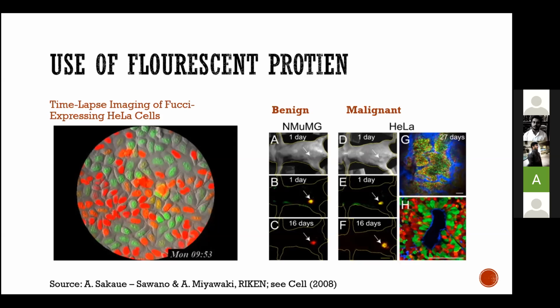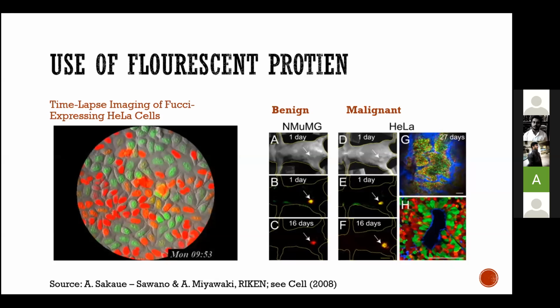This was a very preliminary experiment with fluorescent protein, and nobody actually thought about what else you could do. It took a long time to realize that it can be made into a molecular sensor which can go inside a cell, detect a particular protein, and detect its movement.